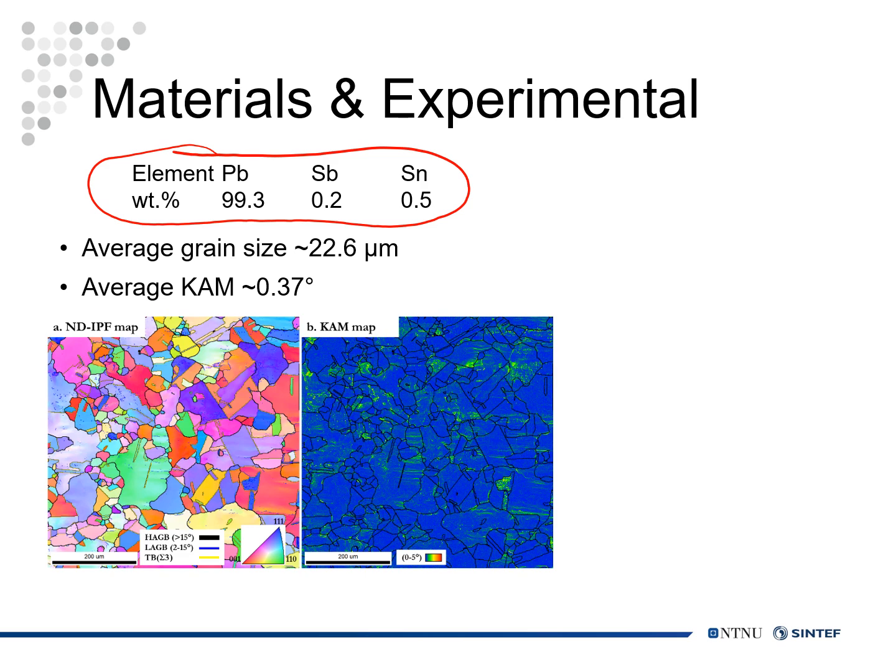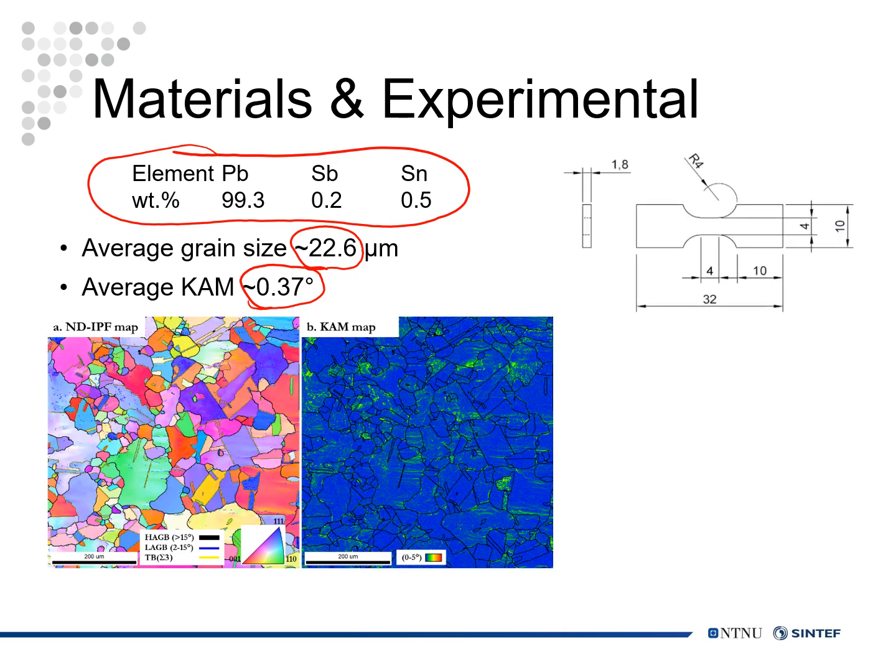It can be seen that the grains are relatively homogeneous in a well-annealed situation. The average grain size is about 22.6 micrometers, and the residual strain is relatively small. The average kernel average misorientation is only 0.37 degrees.